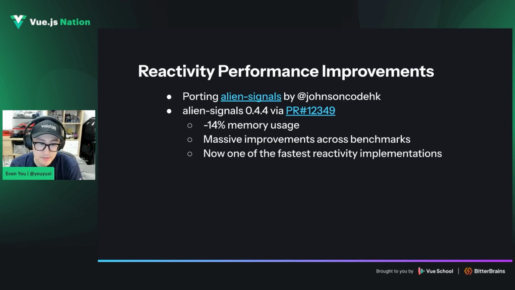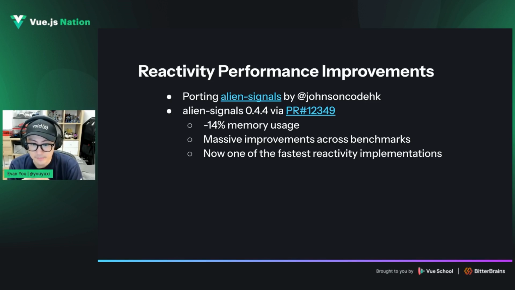But before that happens, there is still plenty of room for us to squeeze out possible performance in this aspect. So Alien Signals by Johnson, who is also the maintainer of Volar and Vue language tools, is an implementation. It started as an experiment, trying to figure out the best possible performance for Johnson's own use in his projects.